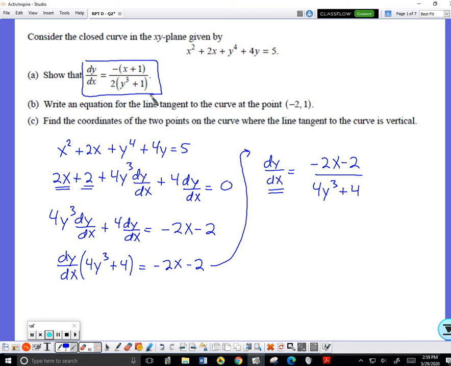So we've got to make our answer look like theirs. So we do a little factoring here. Factor out a negative 2 on the top. Factor out a 2 on the bottom. I guess we could factor out a 4 on the bottom. These will divide.